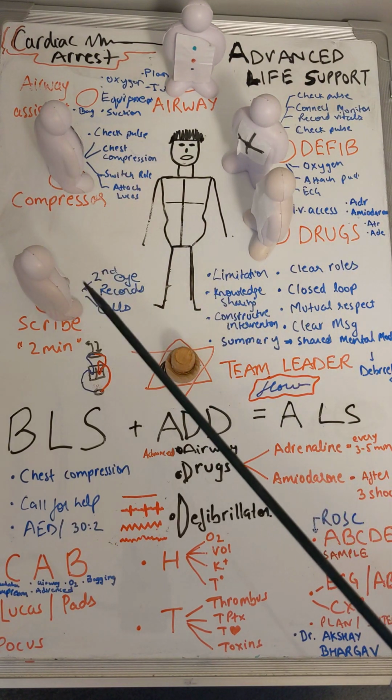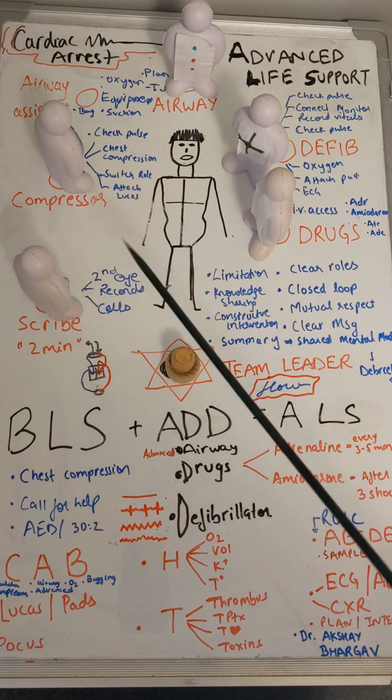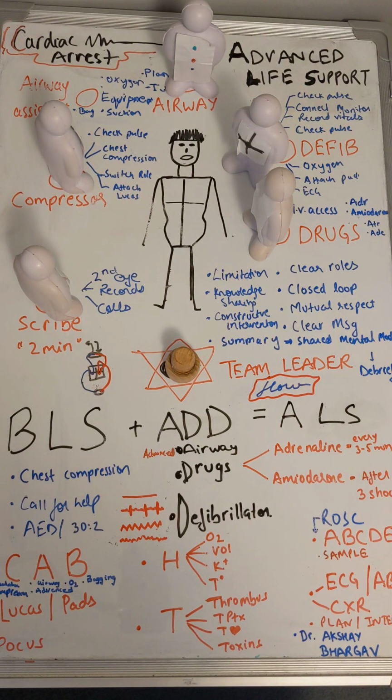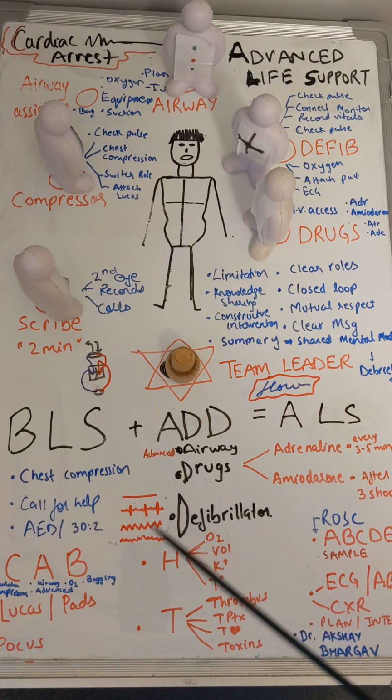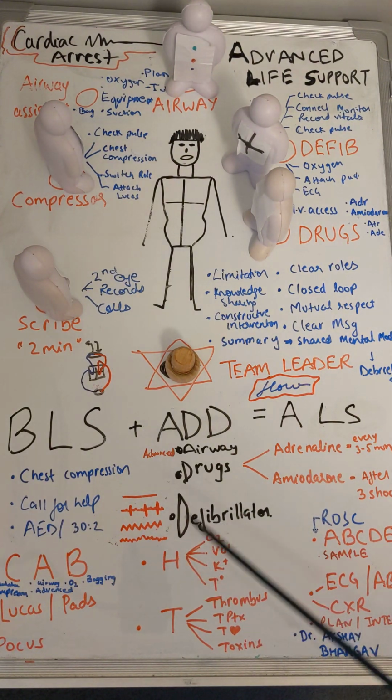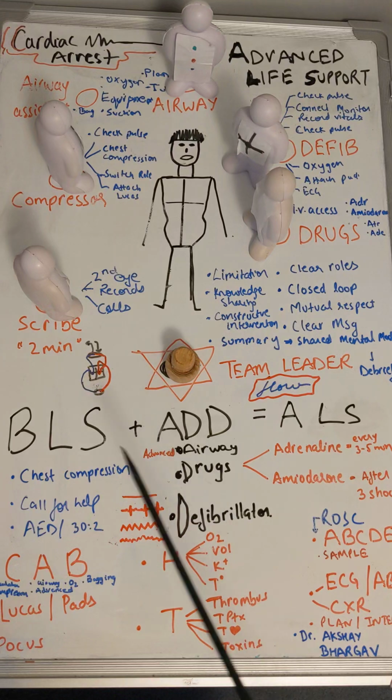After 2 minutes, let's look at what the response is again. So any pulse, any rhythm check, and consider switching roles, and then think of any causes. So think out loud that I am now thinking if there are any reversible causes to this cardiac arrest, which can be remembered as 4 H's and 4 T's.